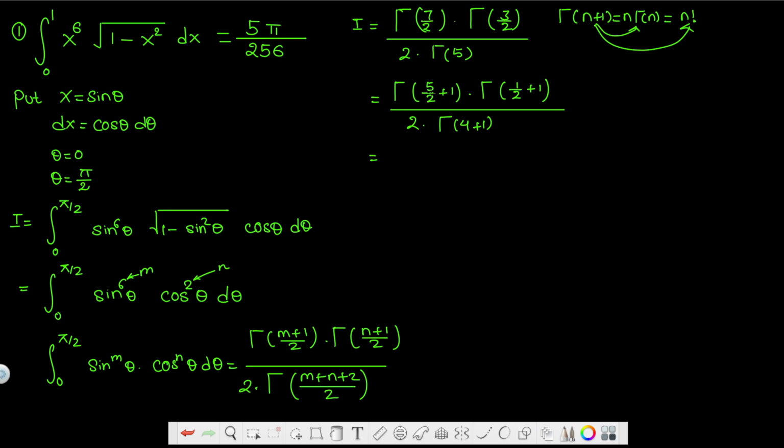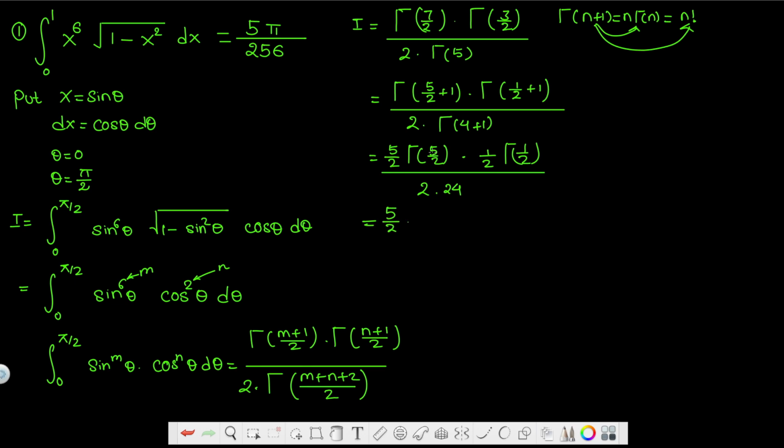So gamma n plus 1 is n gamma n, and here also n gamma n, over 2 times, so gamma n plus 1 is also n factorial. Here n is 4, so 4 factorial will be 24.